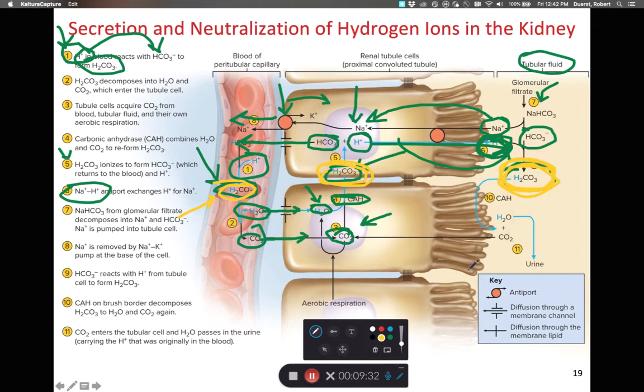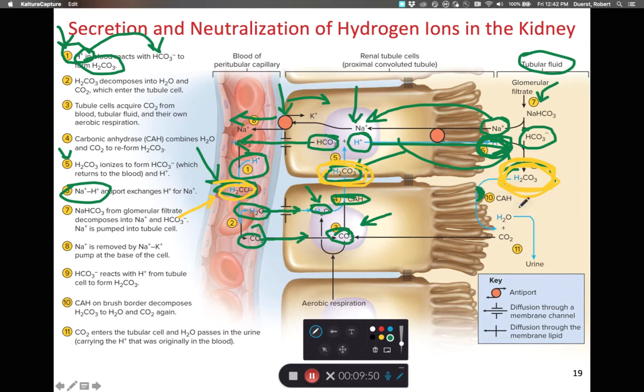And in the filtrate, that carbonic acid is then going to interact with carbonic anhydrase. And we have carbonic anhydrase embedded in the cell membrane of these microvilli. It's a brush border enzyme.